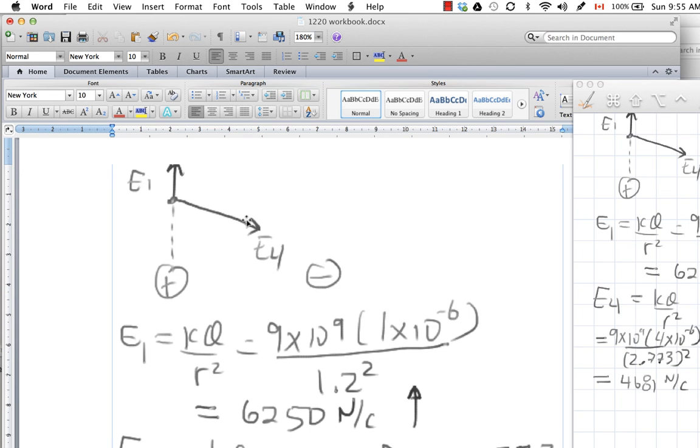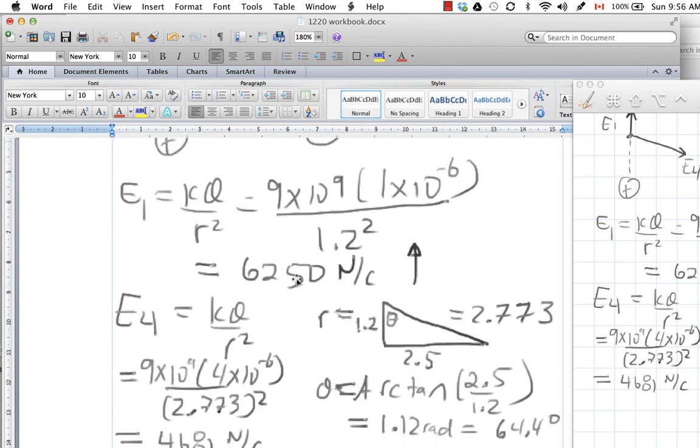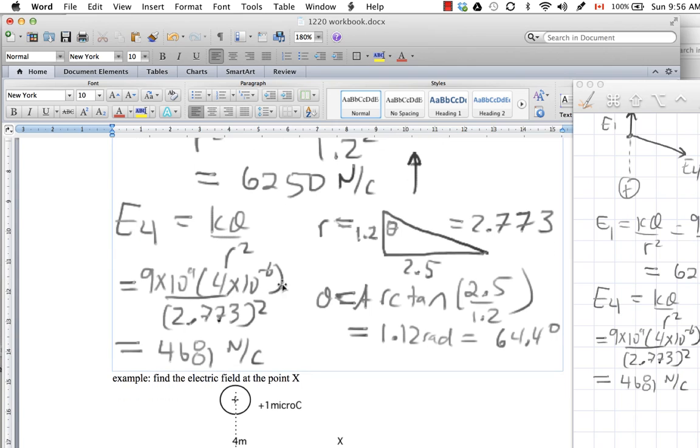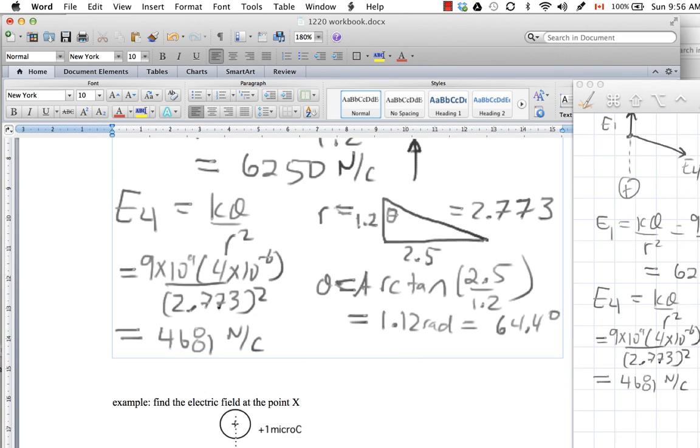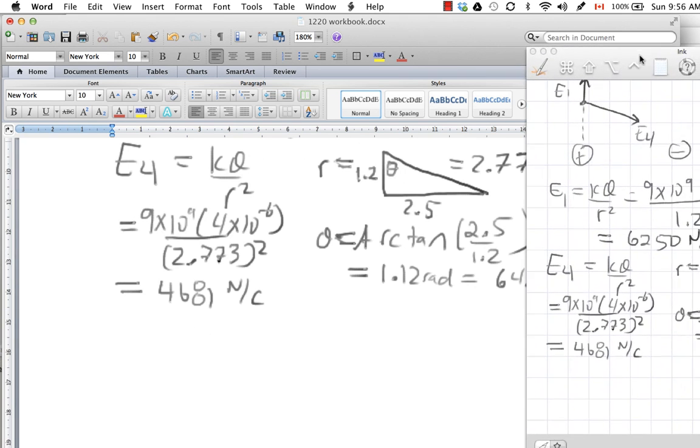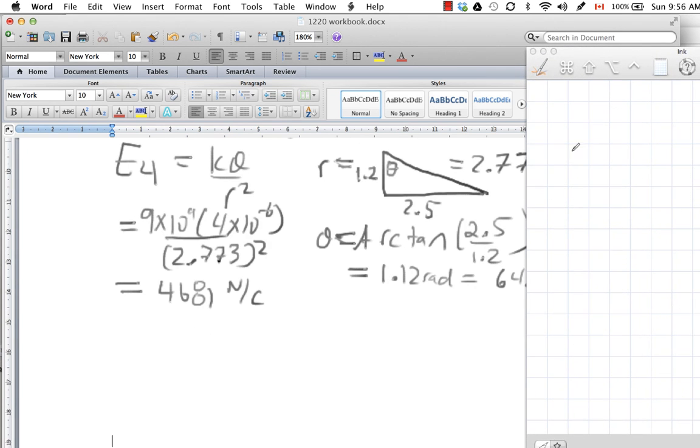So there's our vector chart. There's the calculation of the first field magnitude. There's the calculation of the second field magnitude. Okay, so now add the vectors using a chart, x component and y component. For the first vector, it's easy because there's no x component, and it's just 6250 upwards in the j direction.